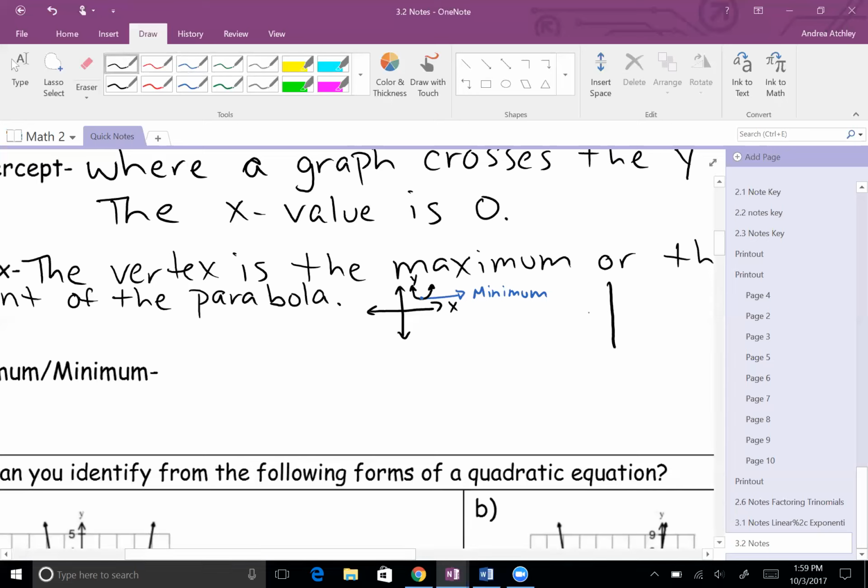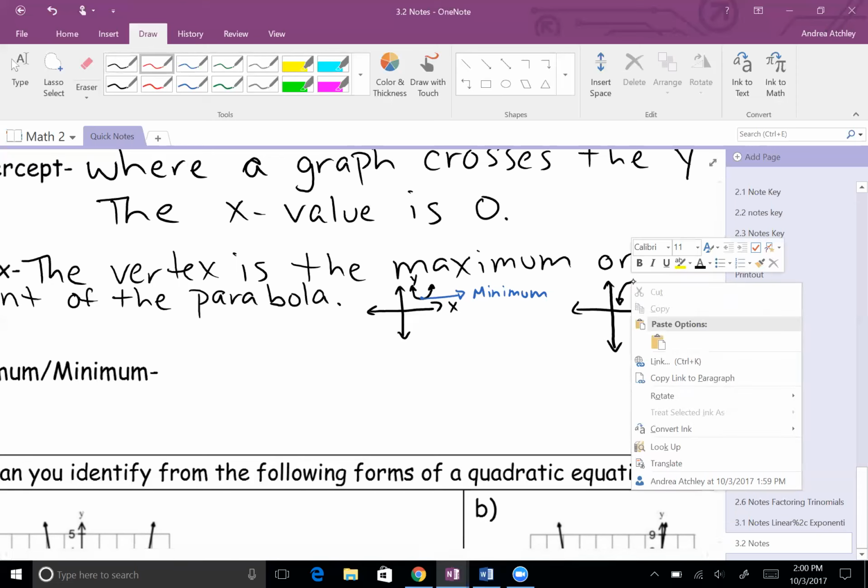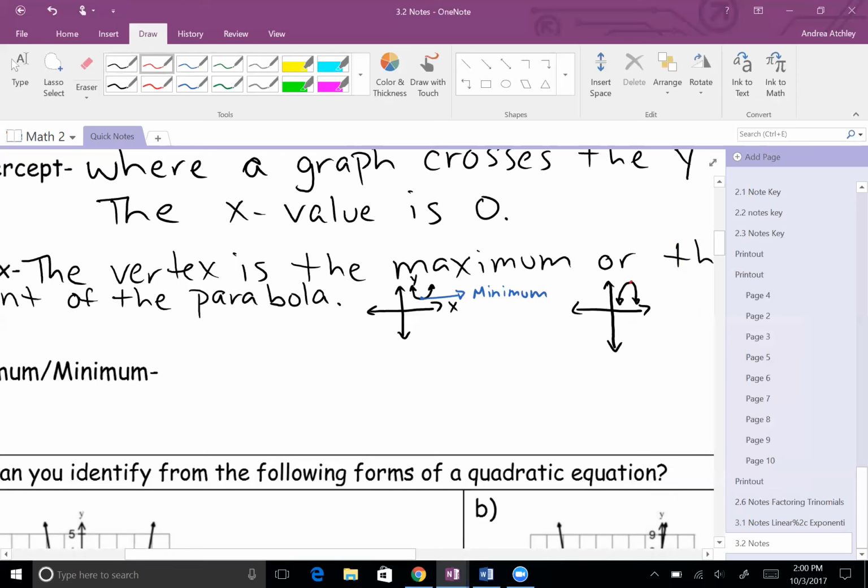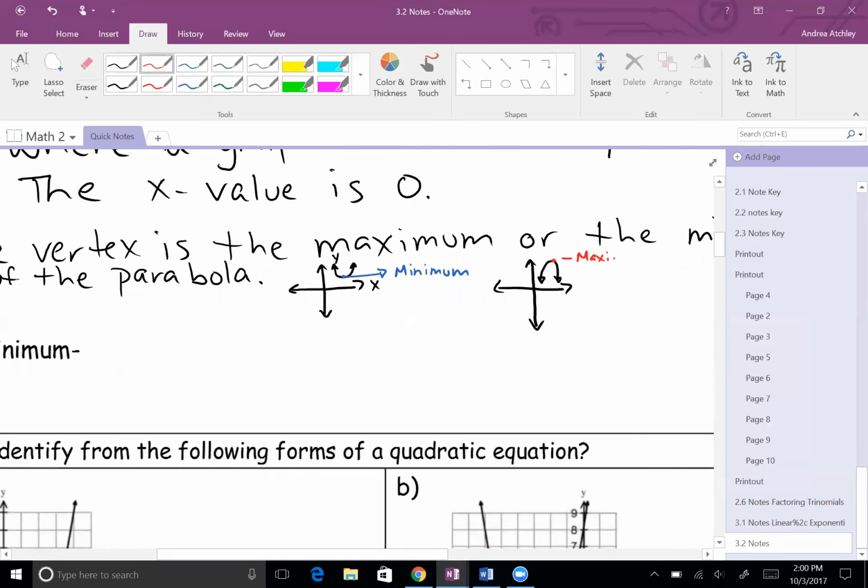We can also have a parabola facing a little differently. If my parabola faces down, then that vertex is a maximum, because it's the highest point my graph will go.